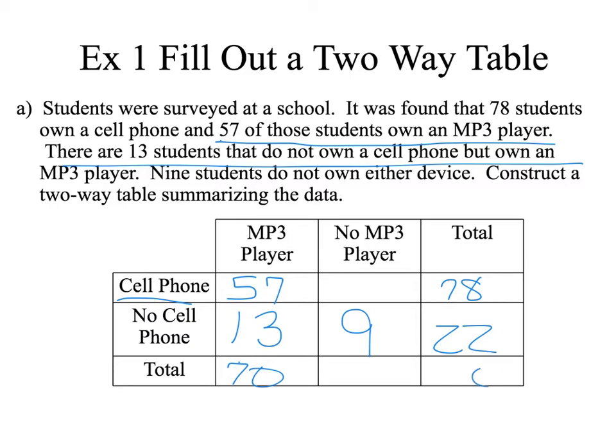So that's a 0, carry my 1, so 100 students that way. If that's 70, 70 from 100 is 30. 9 from 30 should give me 21 here, and 57 plus 21 does give me the 78.